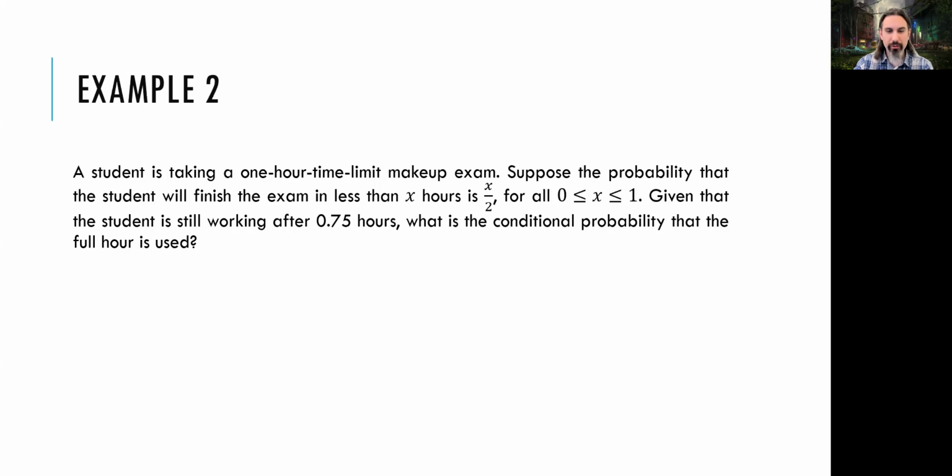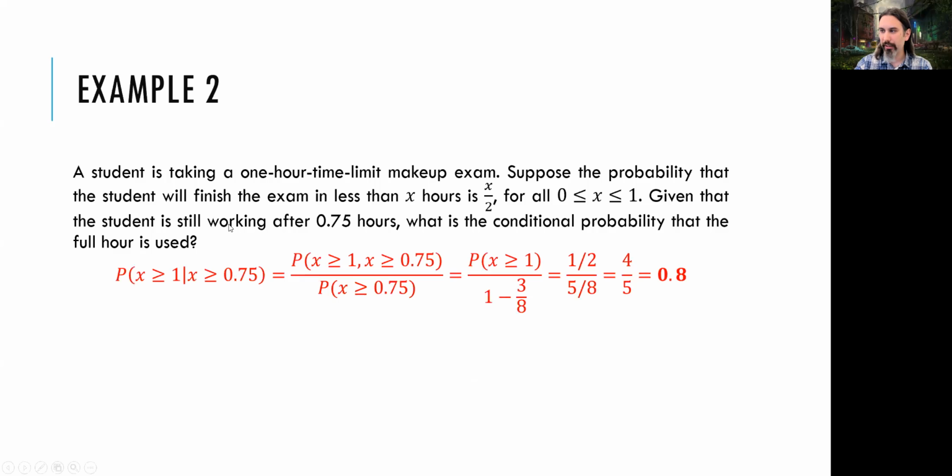So the notation will be like this, as you can see here. We know that x is already greater than 0.75 because we have wasted 0.75 hours with that exam. So we are already at that mark, and we are looking for x being greater than or equal to 1.